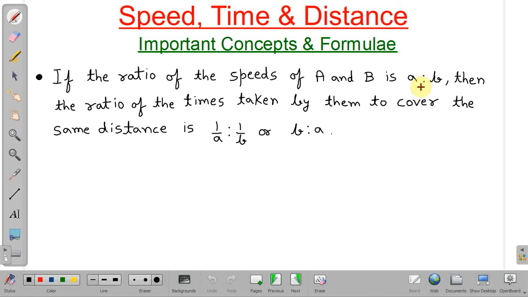So when distance is same, then ratio of time taken to cover the same distance will be 1 by A ratio 1 by B, or B ratio A. So if the ratio of speed is A ratio B, then time ratio will be B ratio A in case distance covered is same. So always remember distance should be same.